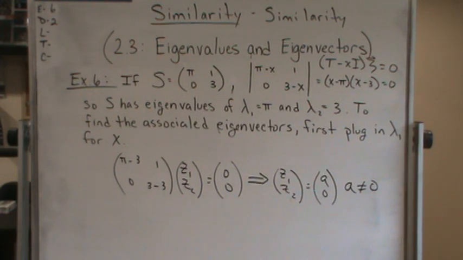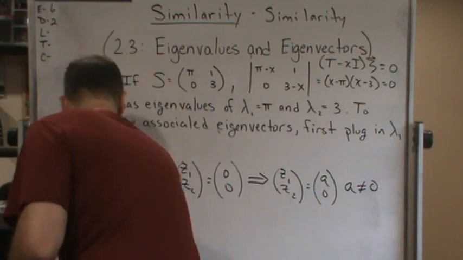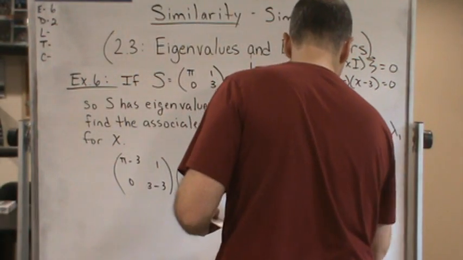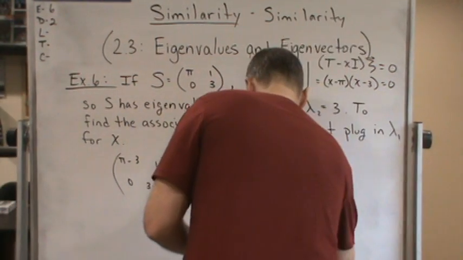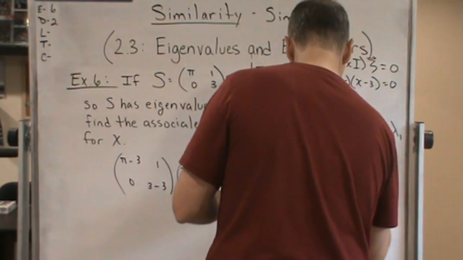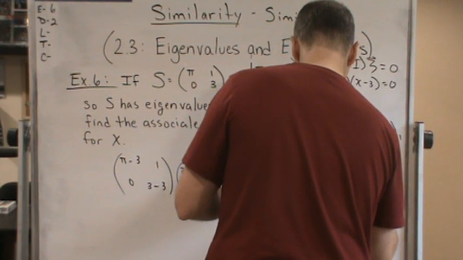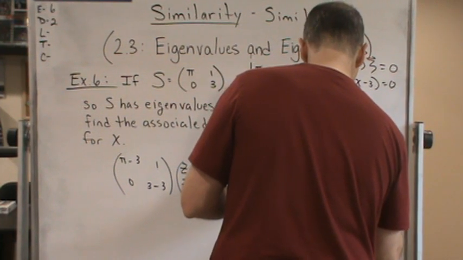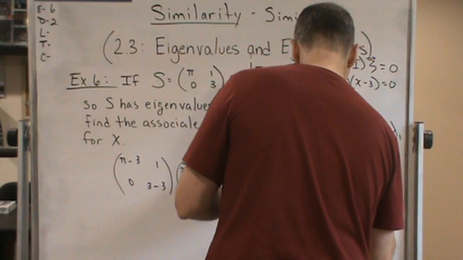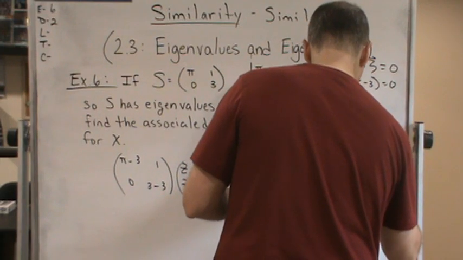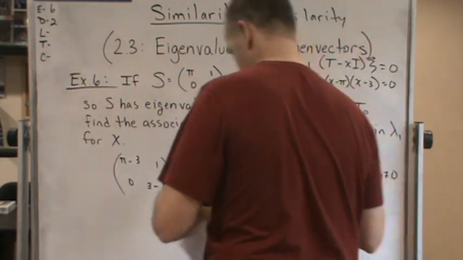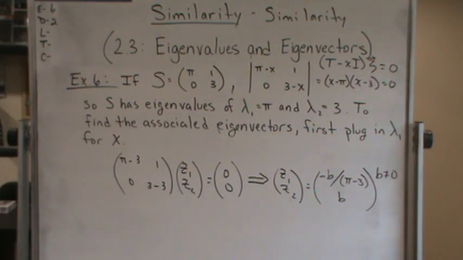Again, this is pretty easy to solve, and in this case I get this. And again, b is not equal to 0.